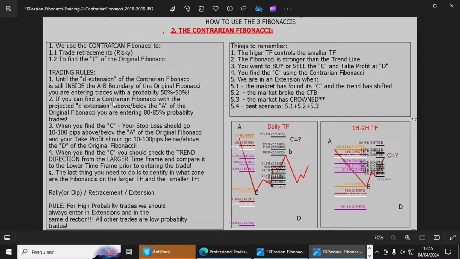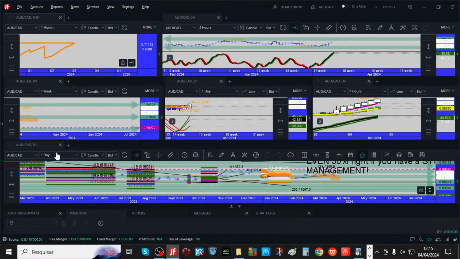But if you can find the contrarian Fibonacci with the projected sub D extension below the A of the original Fibonacci, you are entering 80 to 85 probability trades. As we talked about, what does this mean?